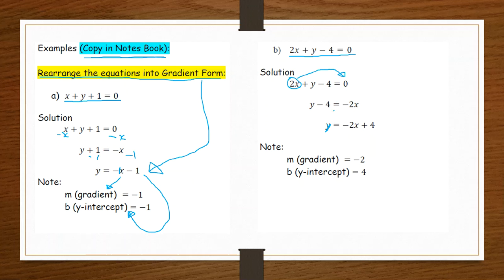Gives us y minus 4 equals minus 2x. And then add 4 to both sides. Which gives us y equals minus 2x plus 4. The plus 4 is our y-intercept, and the minus 2 is our gradient.